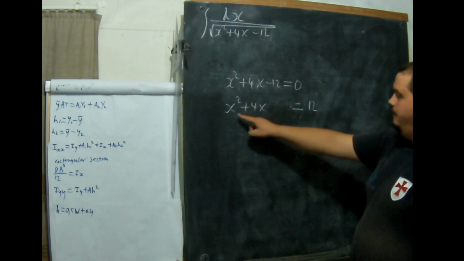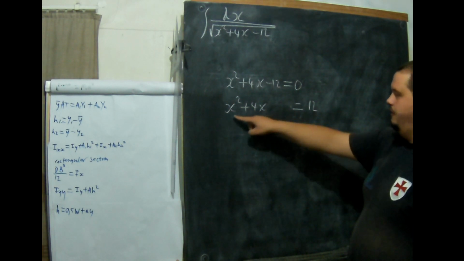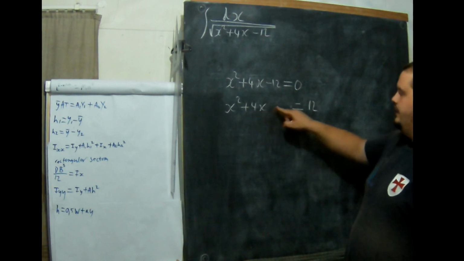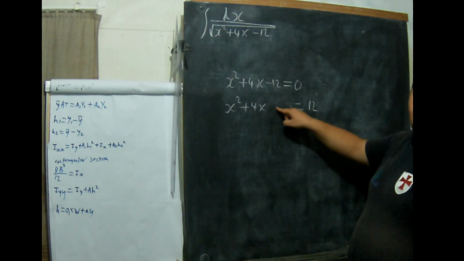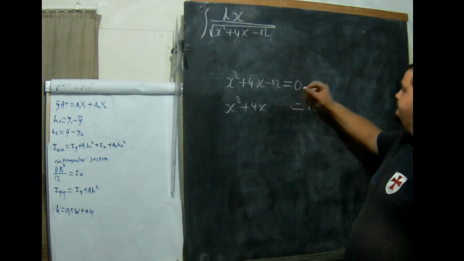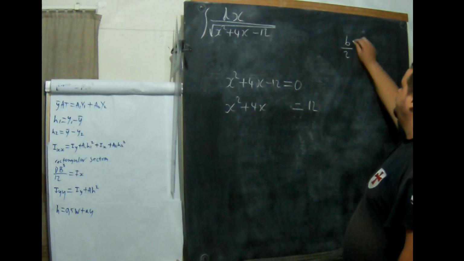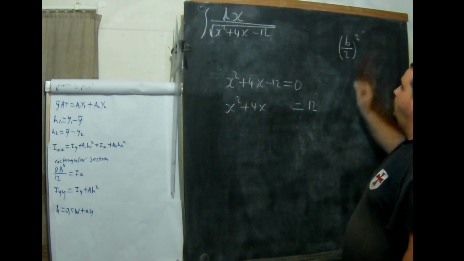in order to make this a perfect square, we need one more value. And to make that value, it's going to be b over 2 squared.